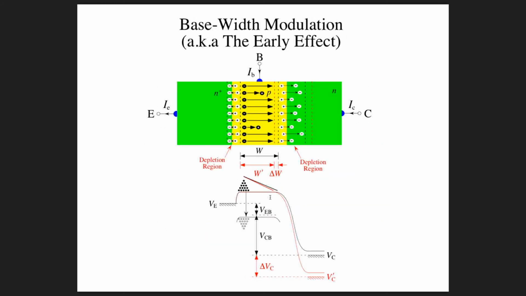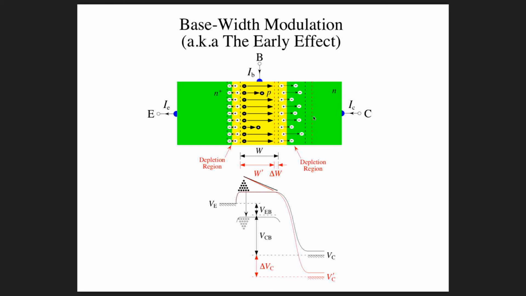So this is sort of a one-slide explanation of what results in that slight increase of the current with collector voltage in the active mode. When we increase the voltage on the collector, we do increase the height of this energy barrier, but we also simultaneously increase the width of the depletion region, both into the base and into the collector.